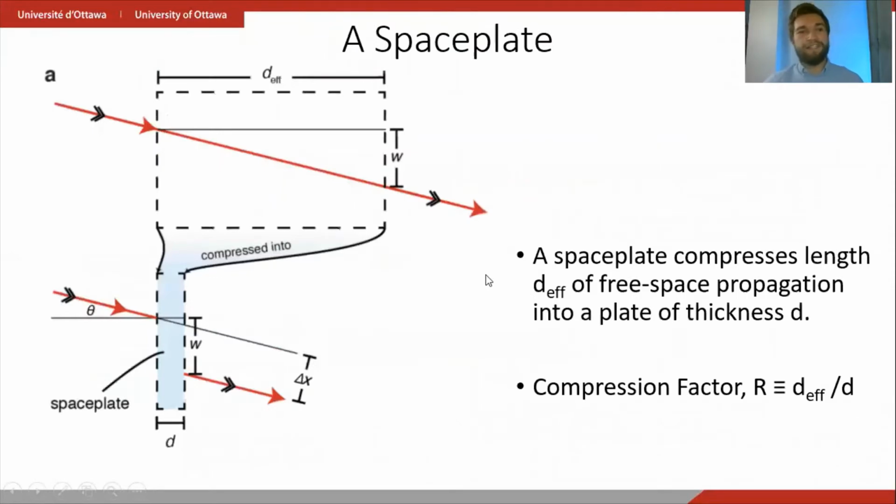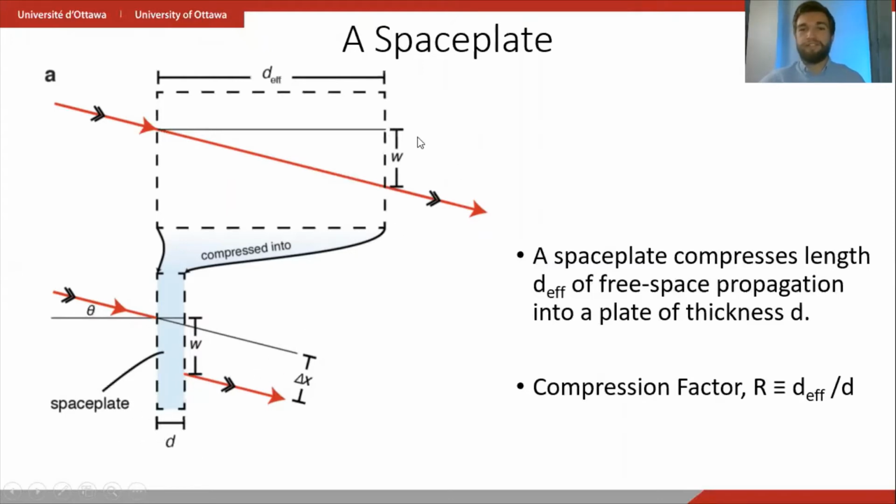So the general idea for this is that for a ray of light incoming at an angle theta, propagating over a distance d effective, we would be able to take that propagation distance and compress it into a smaller distance d, which is the thickness of the spaceplate.